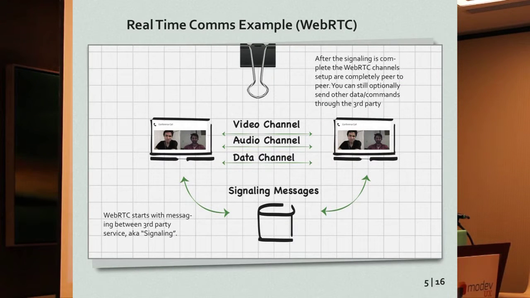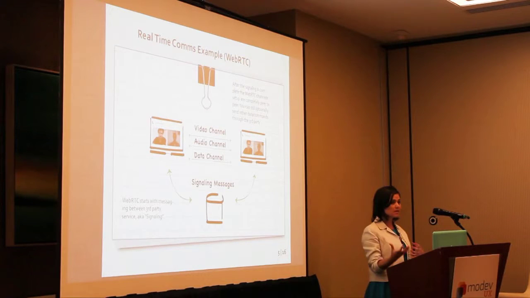So real-time is now available for browsers, and it allows you to send data, commands, messages, pictures, information in real time. And this has really opened the scope of what you can do with applications and the type of information that you can send and how you can interact with it.